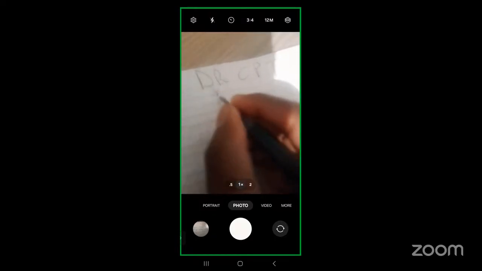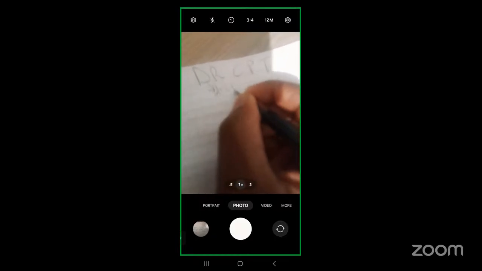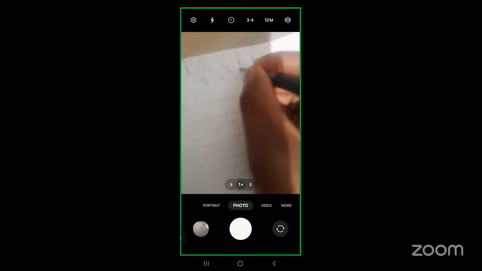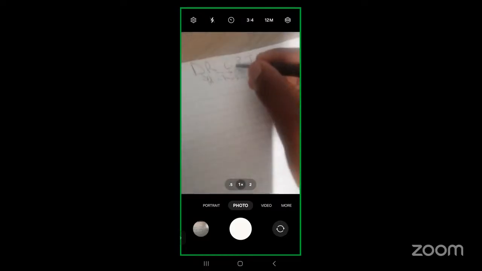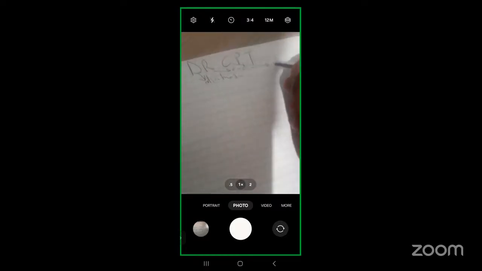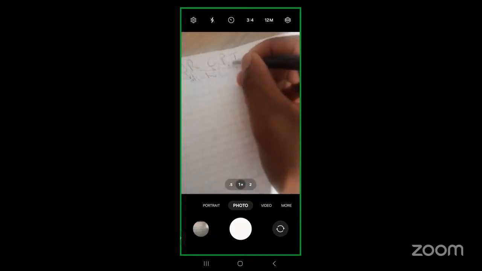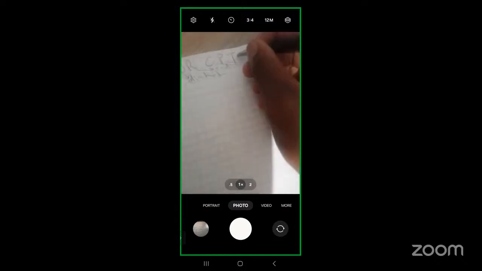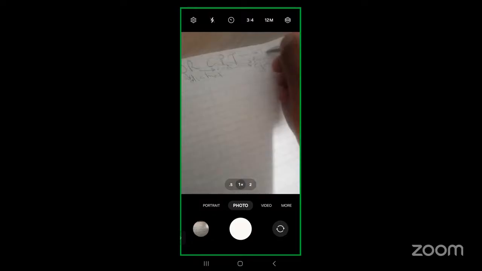DRCPT, where D is the diameter of the circle, R is the radius of the circle, C is a cyclic quadrilateral, P is for parallel lines, and T is for the tangent line on the circle.